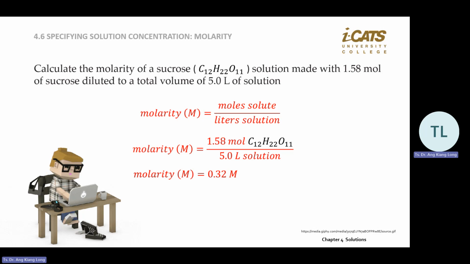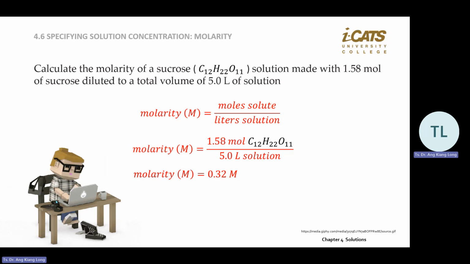Okay, so if the question asks you molarity, the answer will be in unit of capital M. If the question asks you percentage of mass, you need to give me percentage mass. You need to write by mass or something.